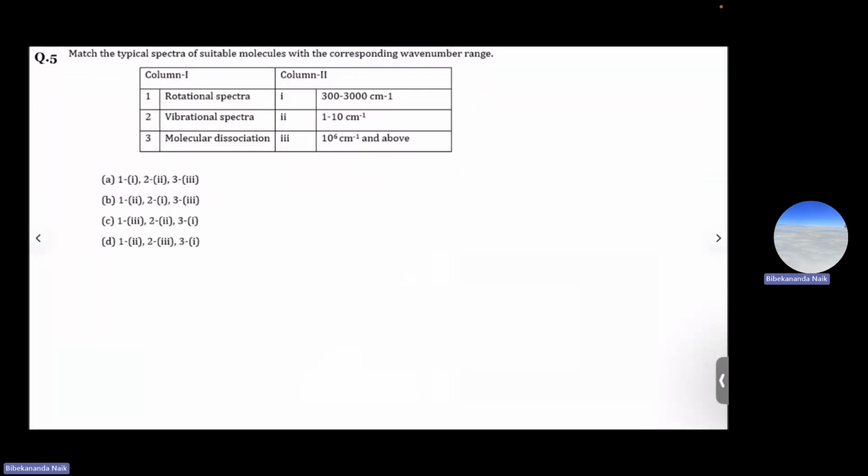So we know rotational spectra has lower energy than vibrational spectra. So the wavelength of vibrational spectra will be more, and the wave number of rotational spectra will be less.